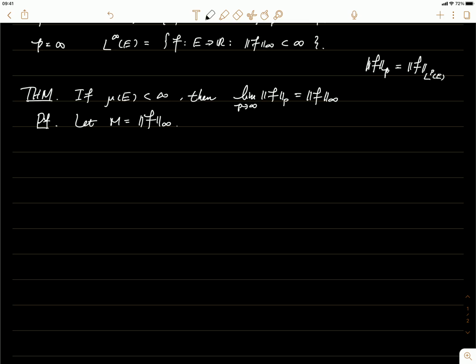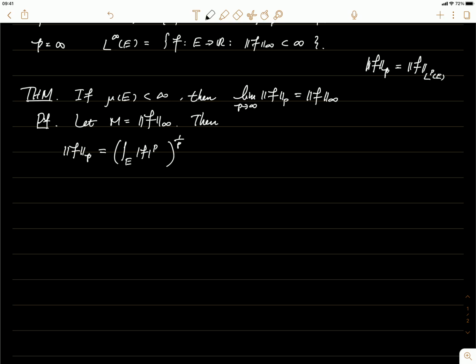Then the p norm of f, by definition, is equal to, let me write it in shorthand, this.